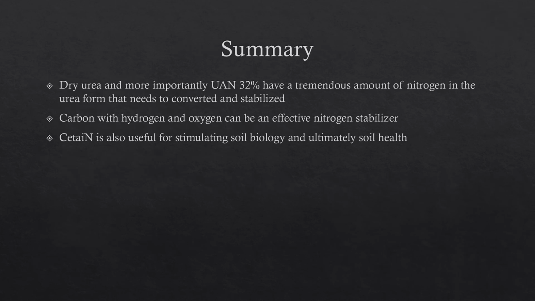So to wrap this up, thinking back to the urea compound, in both dry urea that can be top dressed or the urea component of UAN32, there's a tremendous amount of nitrogen there that ultimately may go unstabilized, that we don't even think about with UAN 32%. 50% of the nitrogen in 32% is in the urea form.